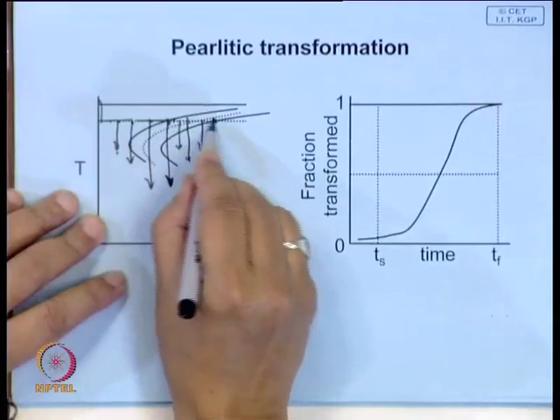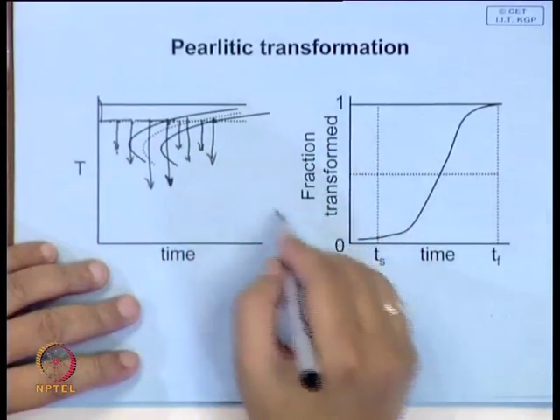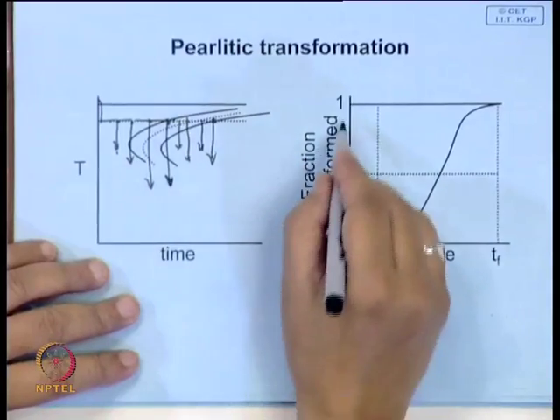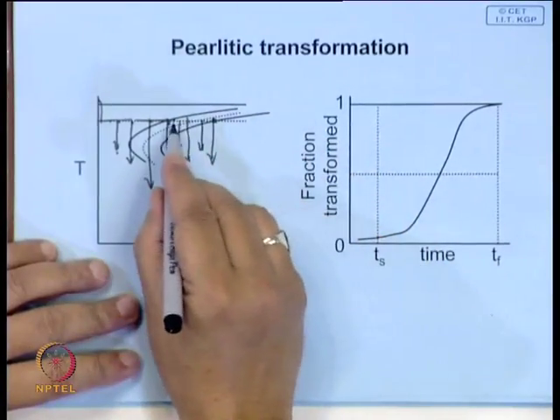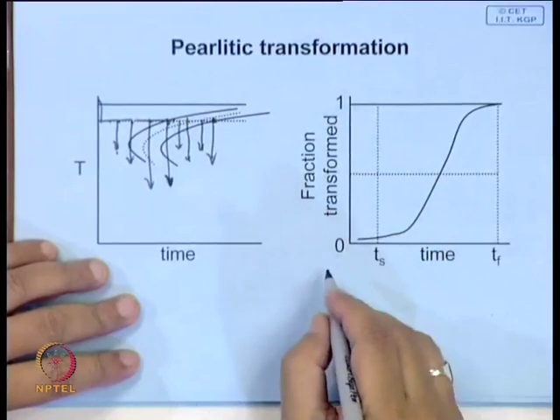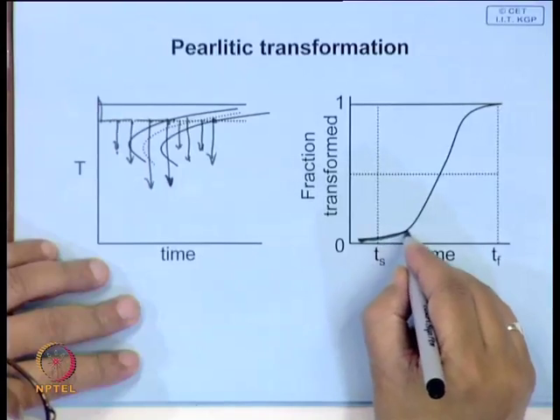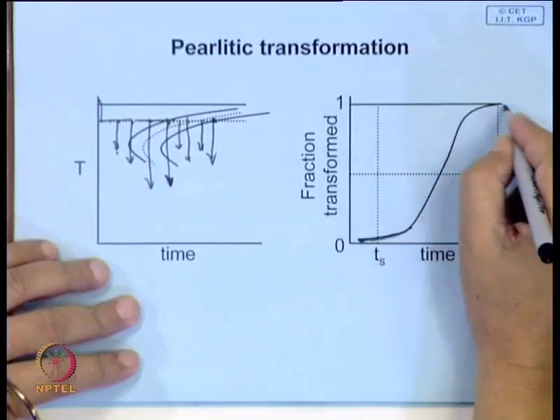And if you plot this fraction transformed by following either this microstructure examination or hardness measurement, you can convert this data into fraction transformed. And if you plot this fraction transformed, you get this type of an S shape curve.